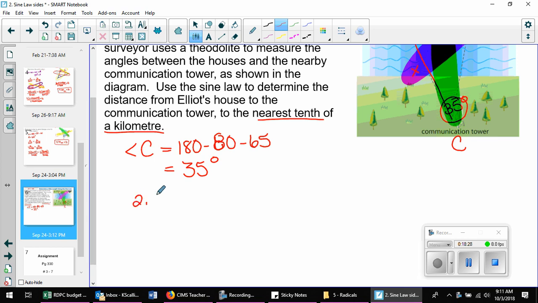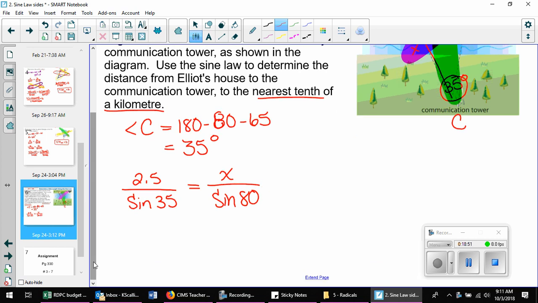So we had 2.5 kilometers over sine of 35. That's my matching set. I always put the matching set first. I don't know why, but I always do. It's up to you guys what you want to do. X is the distance I don't know, and this is going to be sine of 80. So I'm going to cross multiply.